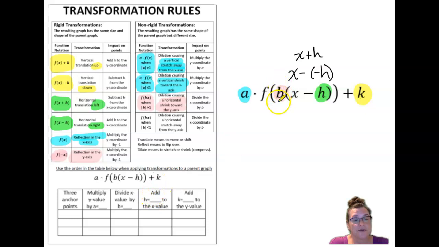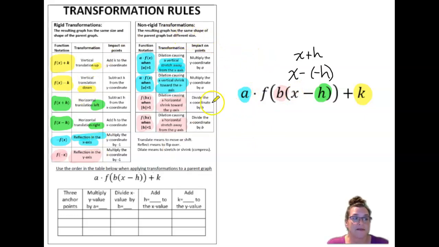If the absolute value of the b is a fraction or decimal between 0 and 1, because the absolute value has to be less than 1, then that causes a horizontal stretch away from the y-axis. So the b impacts the dilation with respect to the y-axis. The a impacts the dilation with respect to the x-axis.